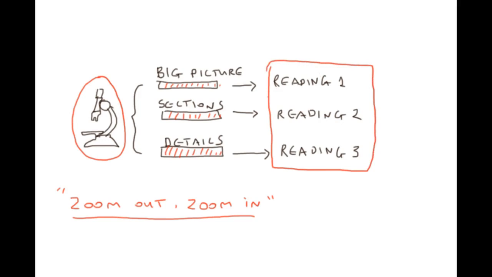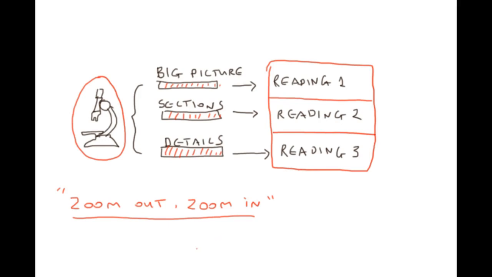The first reading is going to give you the big picture. The second reading is going to narrow your focus into sections and things like the arguments of the text. And then the third reading is all about the evidence that you need, which is the proper language analysis.